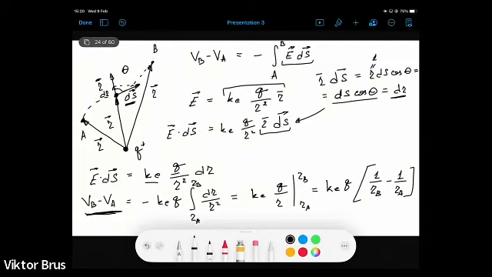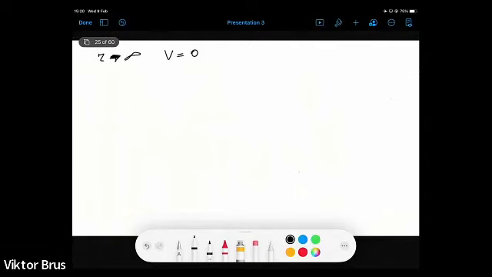So it will be VB minus VA is equal to Ke times Q. Here is 1 over RB minus 1 over RA.